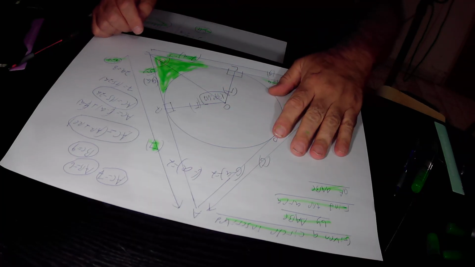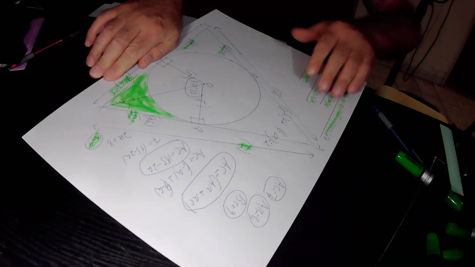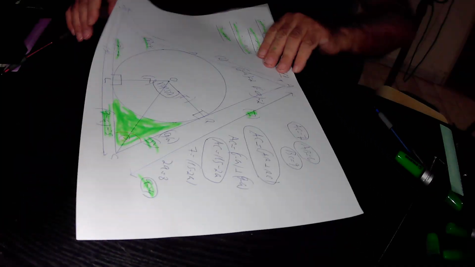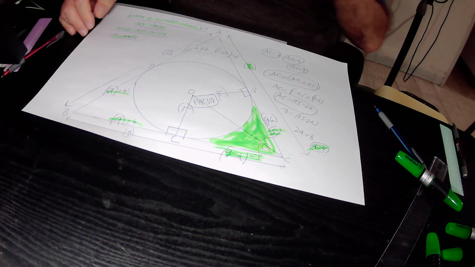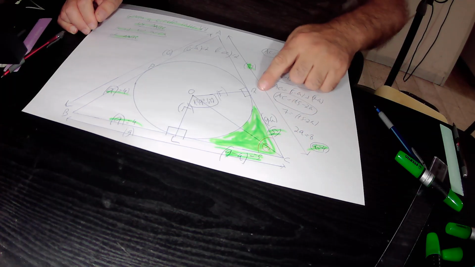And in the next step, we focus on this common external point C. From this common external point C, we have two tangents to this circle, tangent CQ and tangent CL.